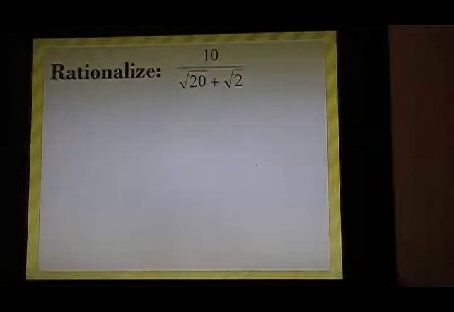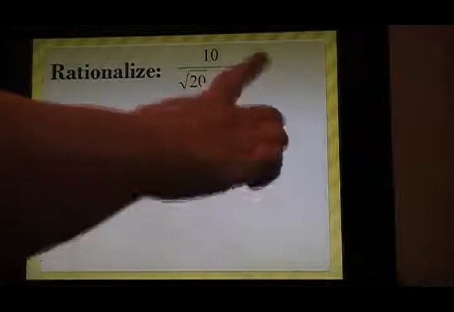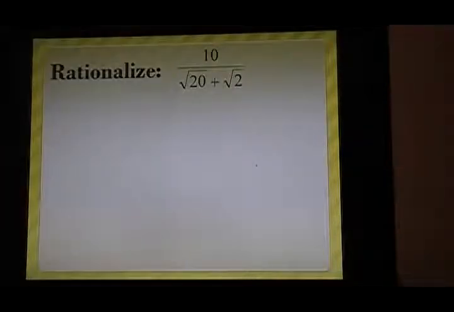Looking at what we have here, we've got 10 over the square root of 20 plus the square root of 2. And we need to rationalize. We're still going to need to meet those three conditions: your end result is a simplified fraction, simplified roots, no roots in the bottom.